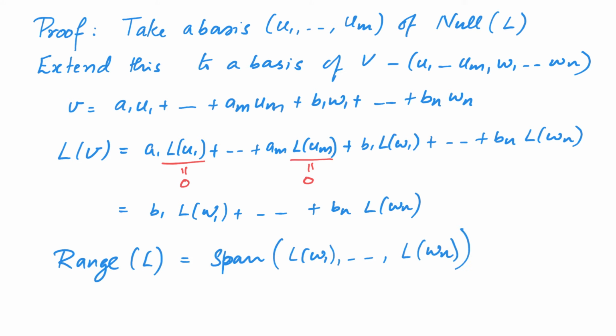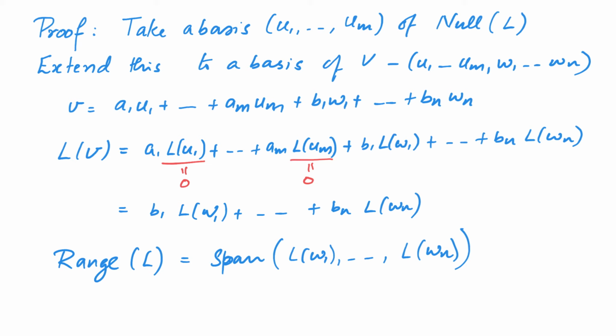If we show that these vectors L of w1, L of w2, etc. up to L of wn are linearly independent, then we will see that these vectors form a basis of range of L, which would imply that the rank of L is equal to n and the nullity of L is equal to m.